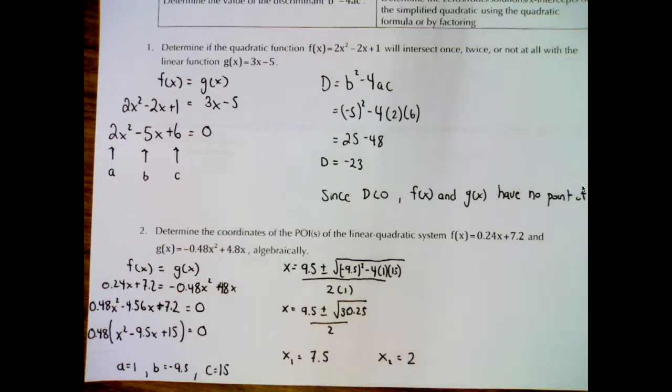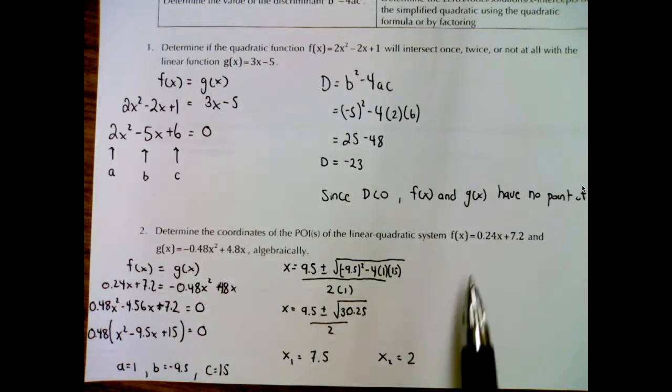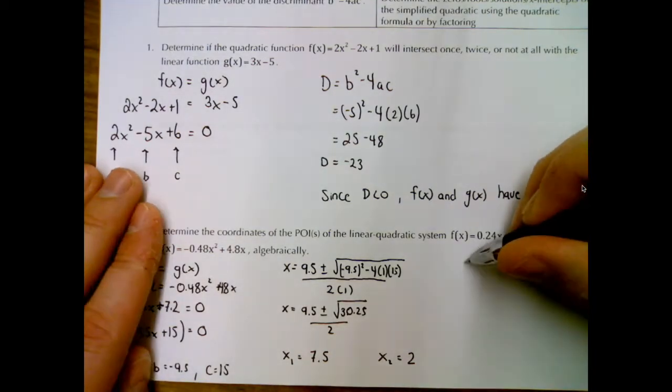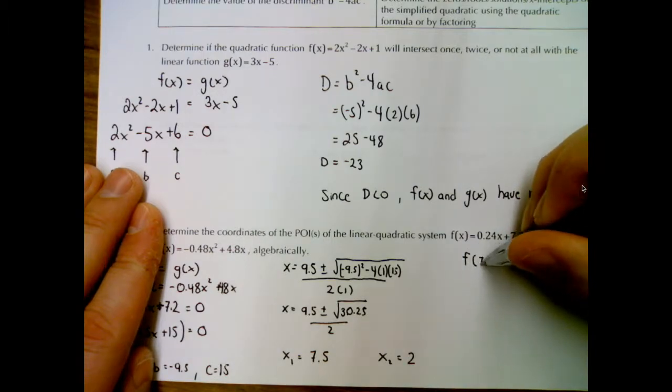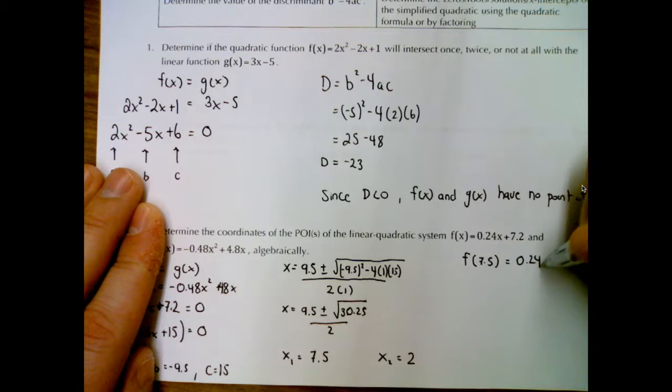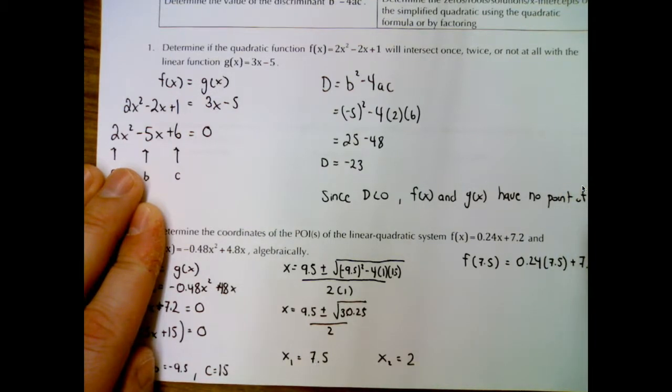So to get the y value, we just plug our values into either the line or the parabola. And the line is easier because there's less math required. So to find the first coordinate, I'm going to take 7.5 and put it into function f. And if I evaluate this out in a calculator, I get 9.